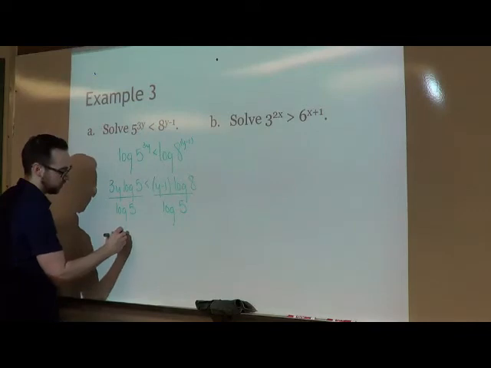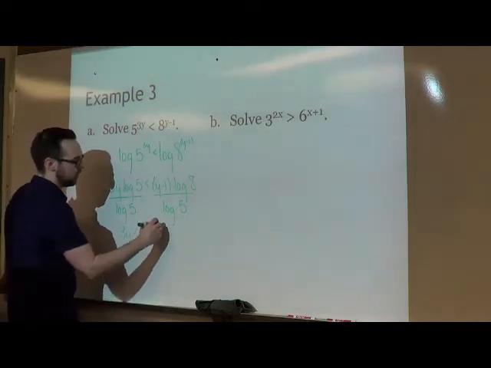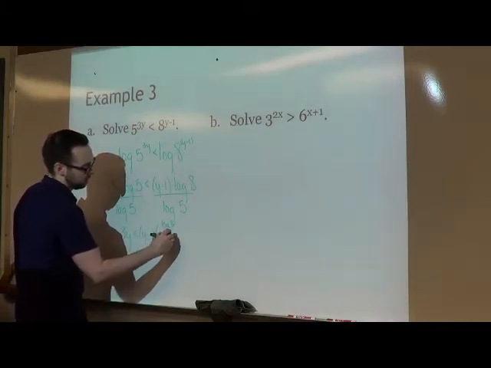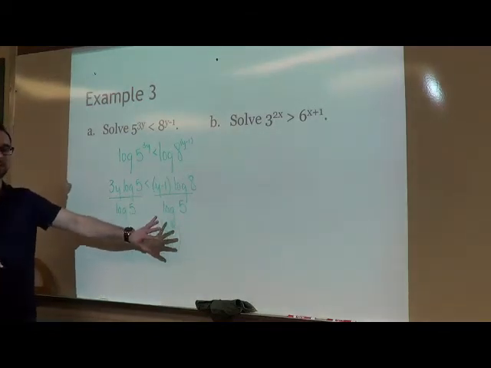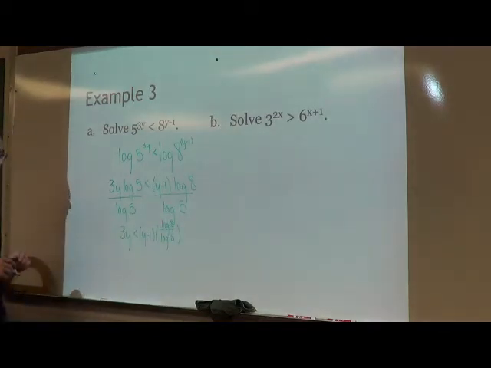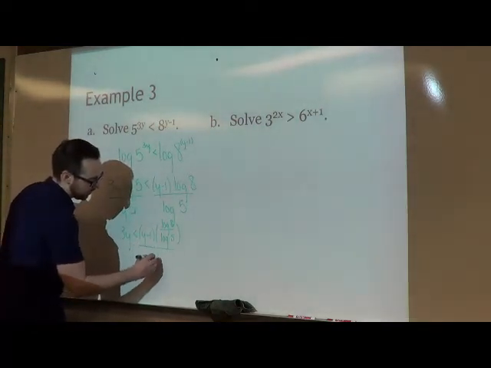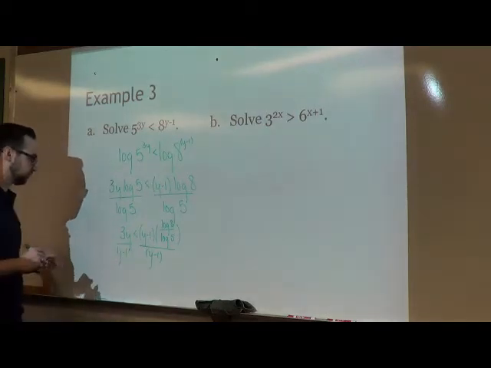So we end up with 3y is less than y minus 1 times the log of 8 divided by the log of 5. Again, it's going to get kind of messy with the two logs in there, but don't divide those out until the very end so you're not rounding too many times.